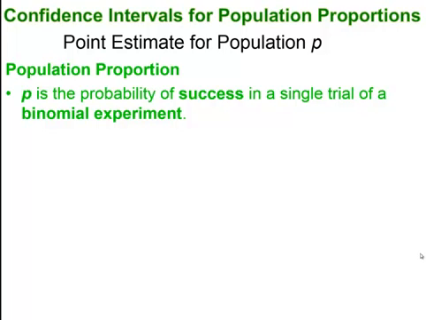So this next type of confidence interval is for the population proportions. And in population proportions, we will be estimating the proportion, the p. And the p is the probability of success in a single trial of a binomial experiment.